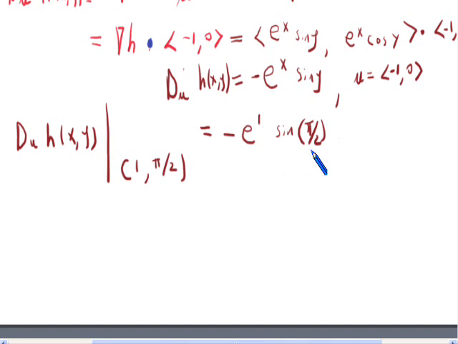Well, sine of pi over 2, let's see how I do that. So we have the unit circle here. The angle pi over 2 is right here.